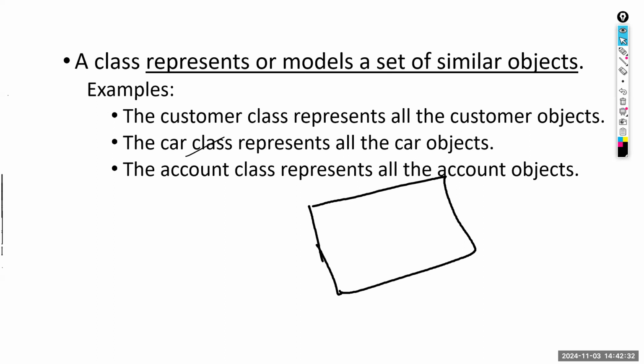For example, when you go to the ATM machine and insert your card and then enter the PIN number, even before entering the PIN number, in the server a customer object is created.